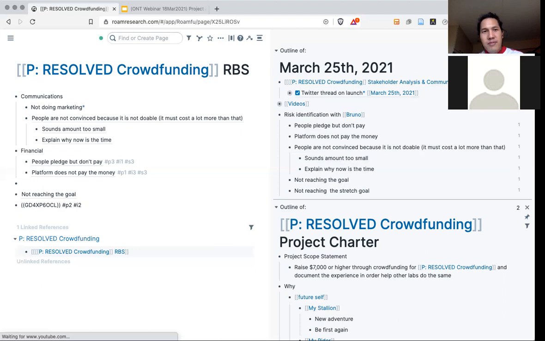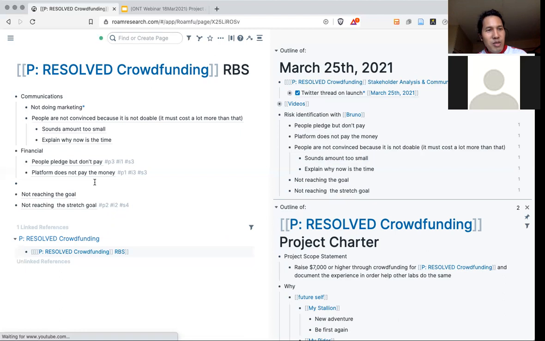While reaching the stretch goal is really what we want. So the impact is higher because the importance is higher. So the score is 4. It makes more sense because now we see this as a bigger risk than the other two.